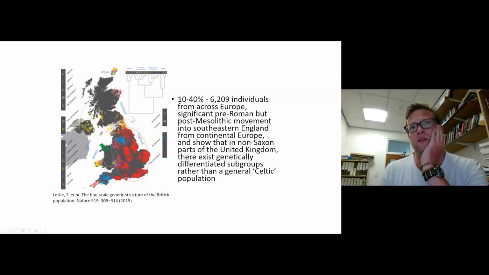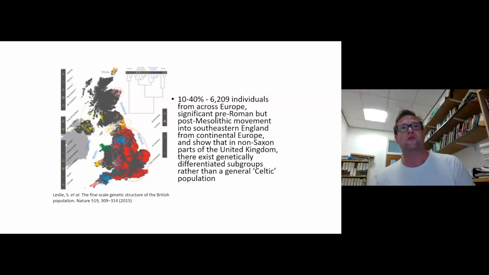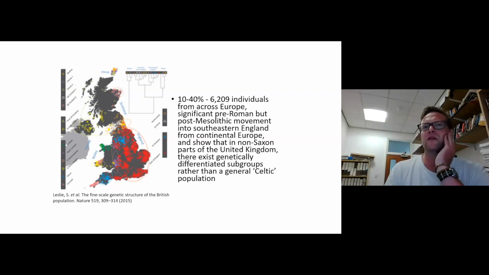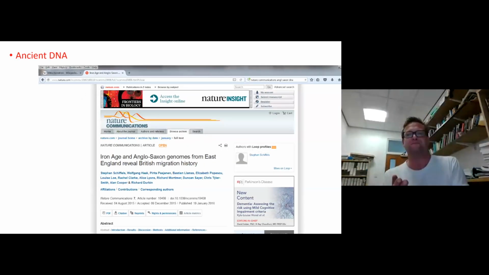But of course, the big red in England itself could either be explained by the Anglo-Saxon migration, as they would suggest, or by the Industrial Revolution, where we see all of those towns and cities connected, and people moving around at great distance. So it's very difficult to use modern DNA to start talking about past population movements. And all of those authors now recognise that that's the case. But they have raised the debate and the bar quite neatly.